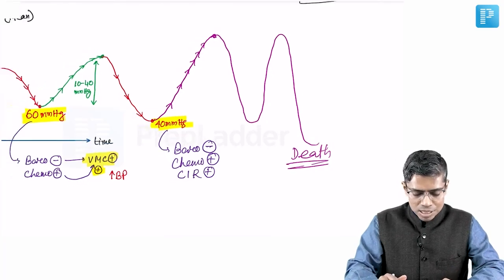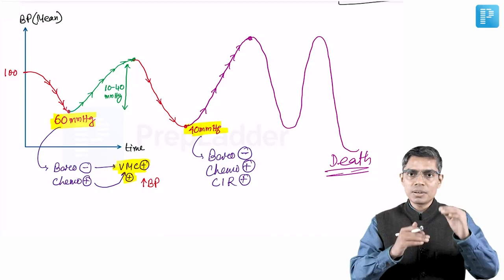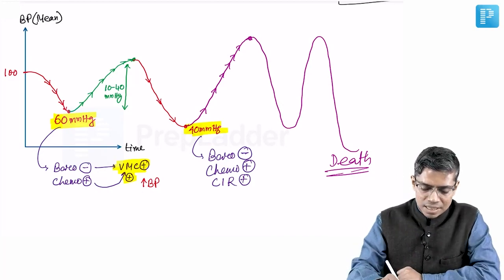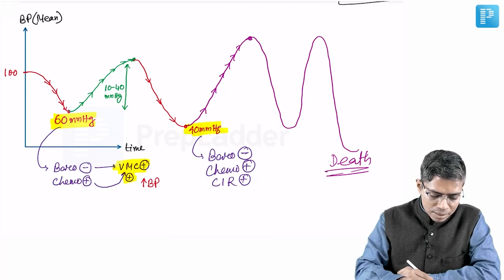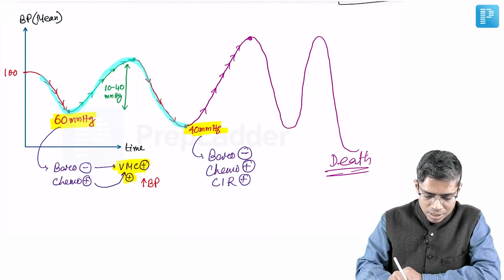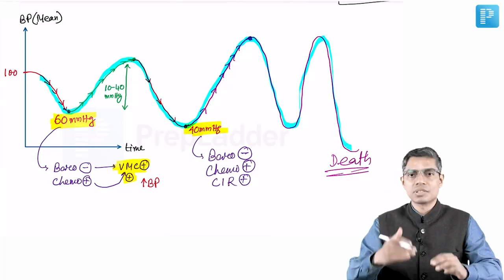Getting my point? So this way, if you don't treat this patient and you record the blood pressure, generally this has been done in experimental animals, and the scientists have proved that the blood pressure fluctuates in a rhythmic fashion before death, and this rhythmic fluctuation happens when the blood loss is continuous from the body.